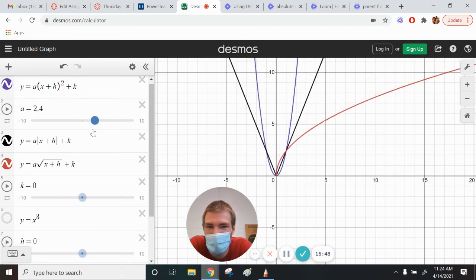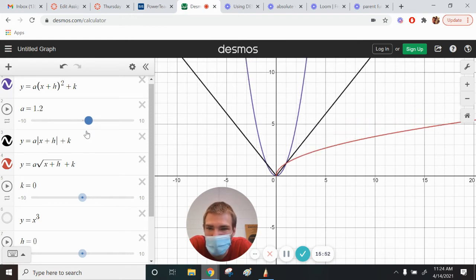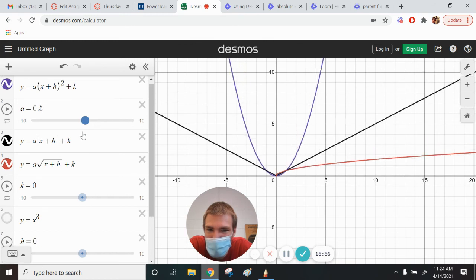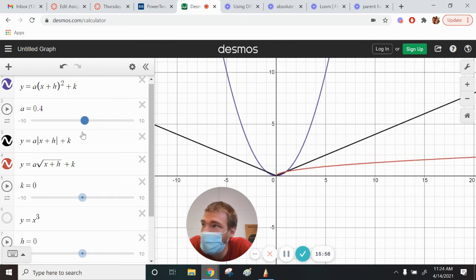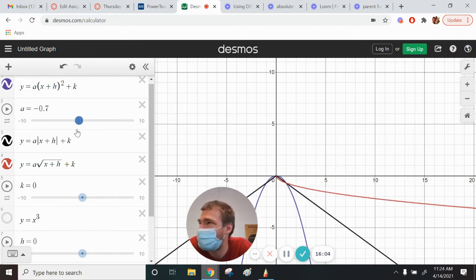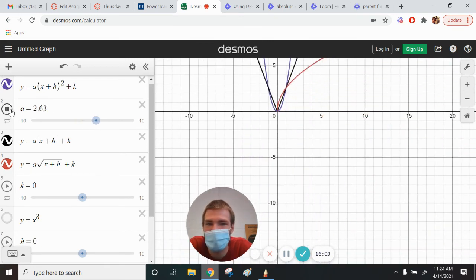Like weighing it down, pulling it down, compressing it down. Now, it's going to keep pressing it down, and then right when we get over into the negative numbers, boop, it's going to pop upside down, and our graphs are going to be upside down.